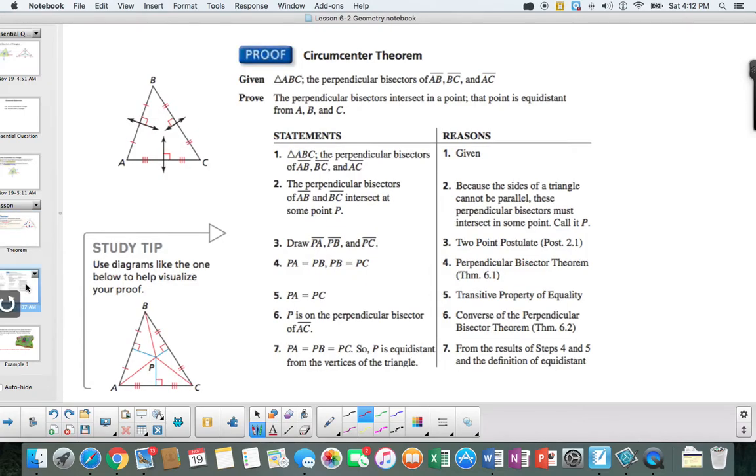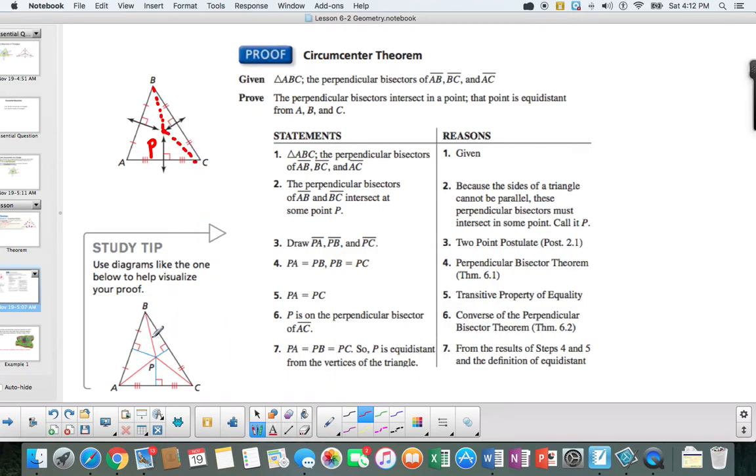Now, why is that true? Let's take a look at the theorem. At the heart of the theorem are the perpendicular bisectors, and here they all are. They're all going to meet here at point P, and point P is located right here. Now, once you find them, the perpendicular bisector theorem says that this is going to be equidistant.